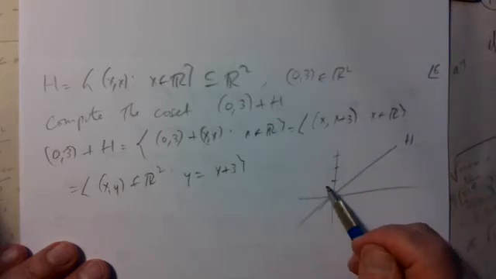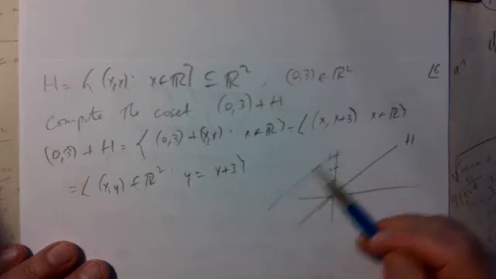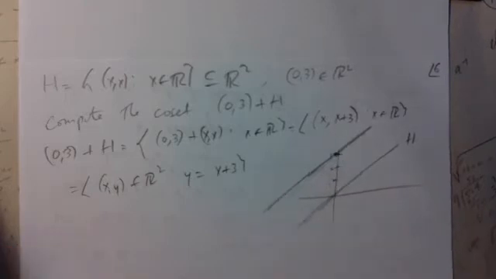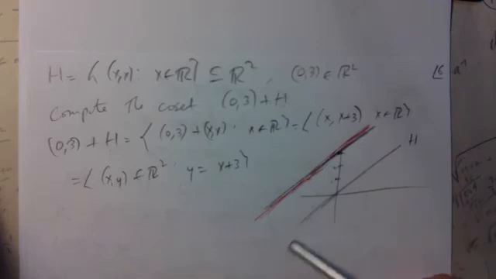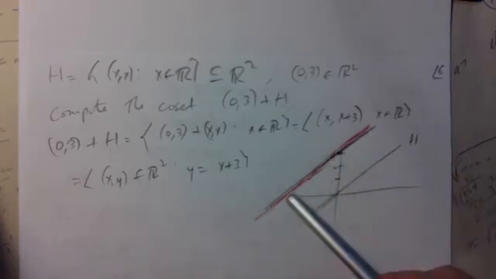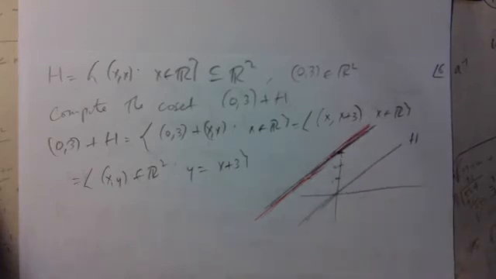This was H, 1, 2, 3. This is the line y equals x plus 3. It's just the line parallel to H with y-intercept 3 and slope 1. That's the left coset. So the subgroup H is this line y equals x. This particular coset is the line y equals x plus 3. It's parallel to H, but with a different y-intercept.